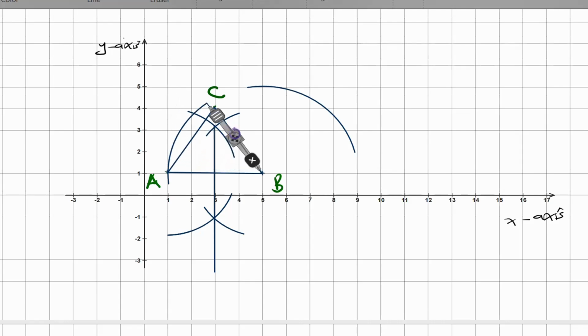I transfer without adjusting to point C. I'm going to make an arc crossing that. I also make an arc crossing that. So where they meet, we draw a straight line from here to where they meet.